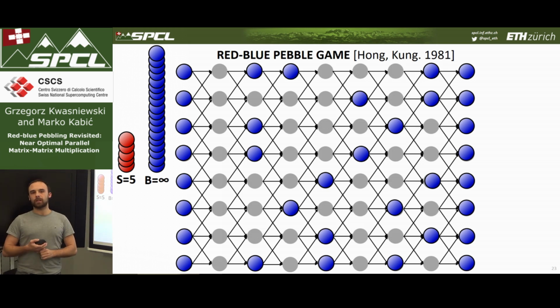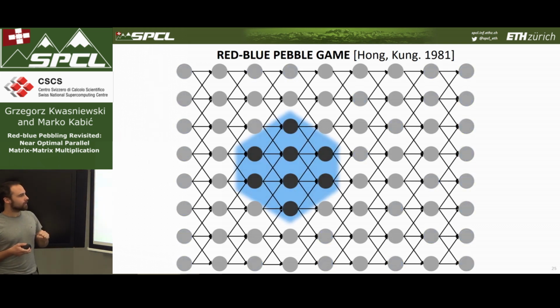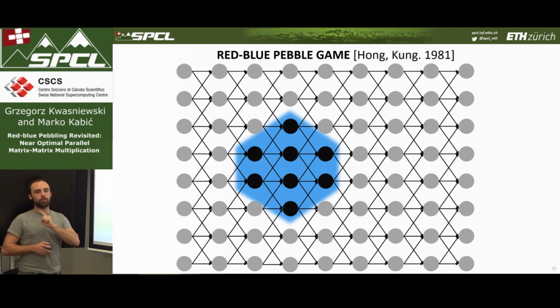Now it was proven that finding the optimal sequence of pebbling moves is PSPACE-complete. So instead, to get some feasible solution, the original observation was to examine just a small subset of vertices. Then we asked ourselves: what is the minimum number of I/O operations required to pebble, so to compute, this subset?